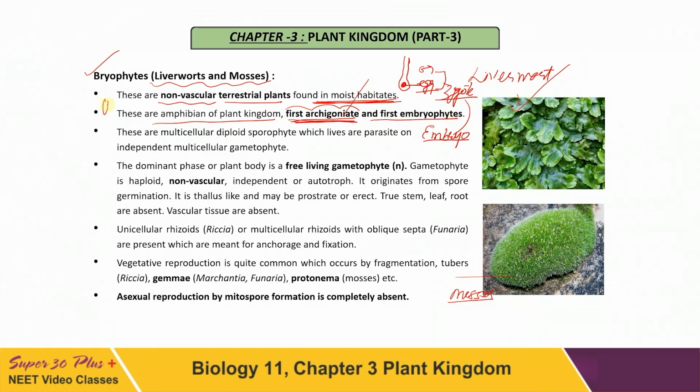These are the important questions which have appeared in examinations. The non-vascular terrestrial plants, these are bryophytes. The first archegonate is bryophyte. First embryophyte, these are bryophytes. Okay. These are multicellular diploid sporophyte which lives as parasite on independent multicellular gametophyte.